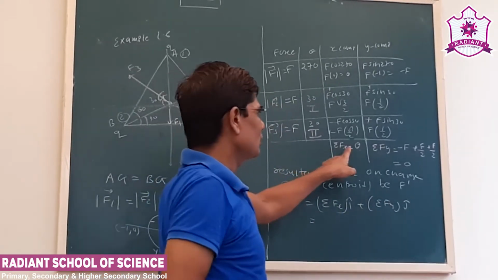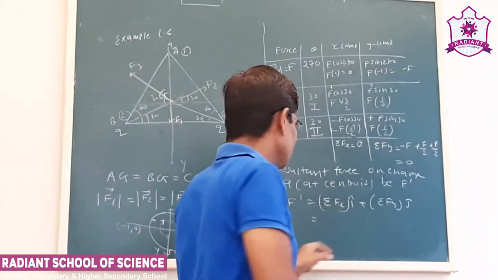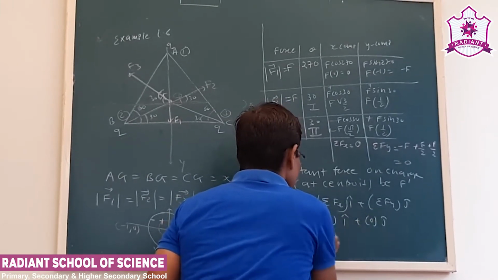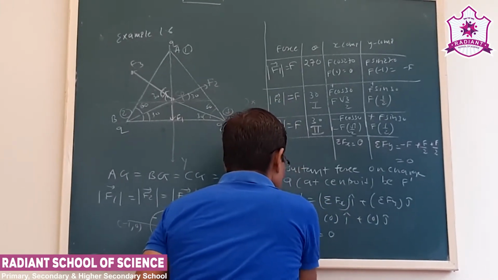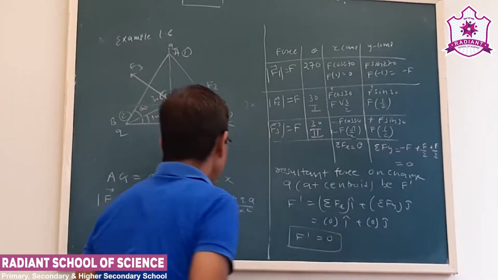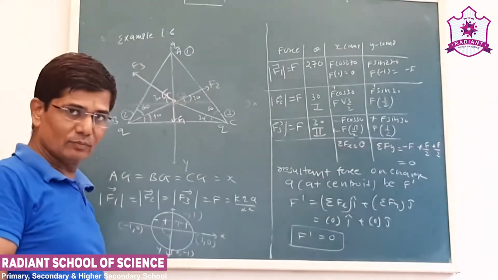But we know the sum of the x components is 0, and the sum of the y components also is 0. So the resultant force on the charge capital Q at the center is 0. So this is our example 1.6.